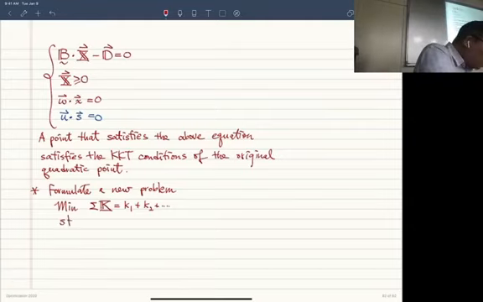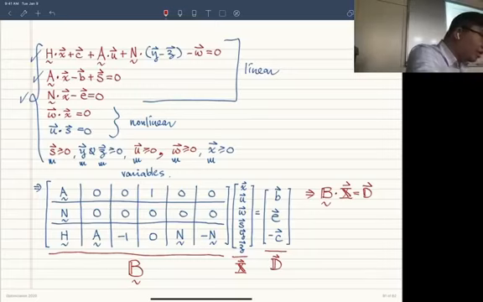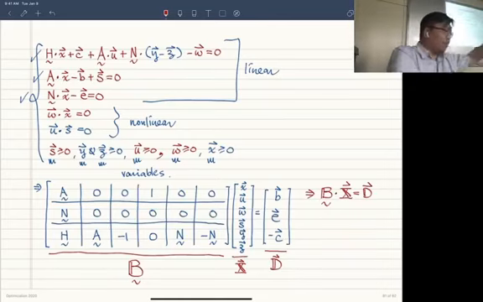So subject to what? Subject to capital B dot product capital X minus capital D plus a bunch of K. We don't know the length of B, E, and C, so the vector of D could have a very long length.